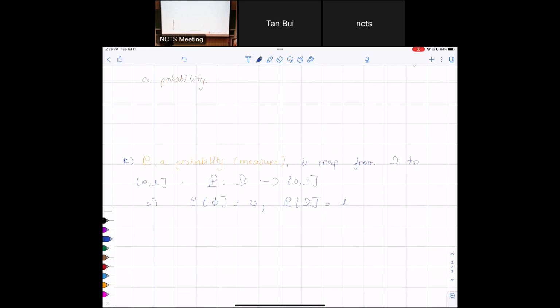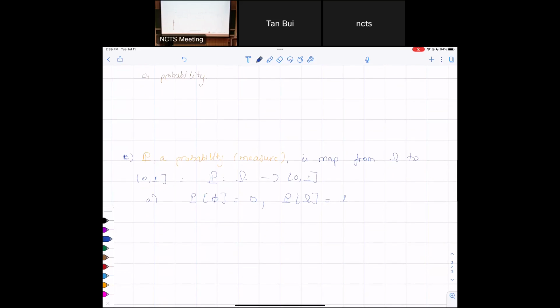So that is the first condition. The second condition is this: for any A in our sigma algebra, P of A is greater than or equal to 0 and less than or equal to 1. This is what we mean.